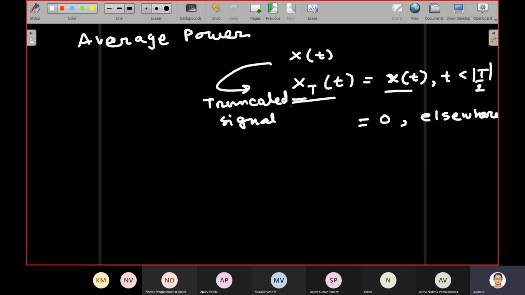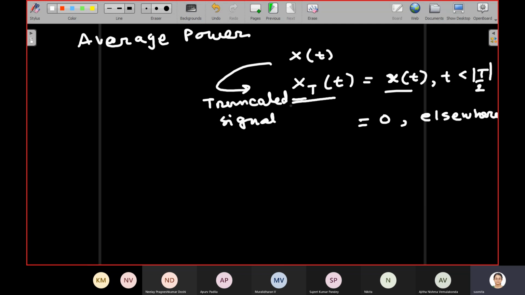This definition holds for both periodic and aperiodic signals. A signal can extend up to infinity without being periodic. It's not necessary that it has to have a periodic nature. Even an aperiodic signal, which does not have any periodicity, can extend up to infinity, and that signal will also have the same infinite energy issue as a periodic signal.